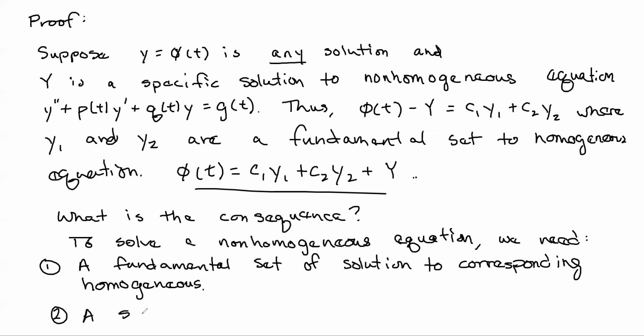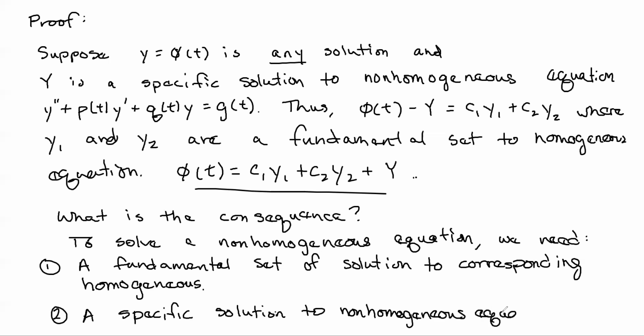So to find all of the solutions, the formula for the general solution, we're going to need to have one solution. We can't find all of them unless we can find one. So solving these non-homogeneous equations becomes a two-step process.